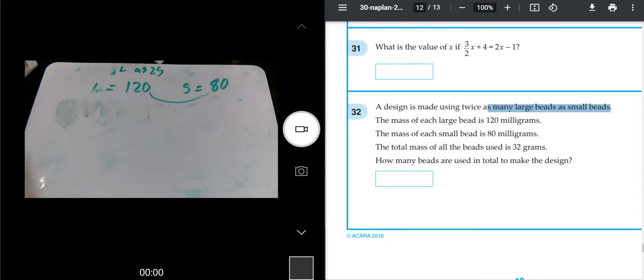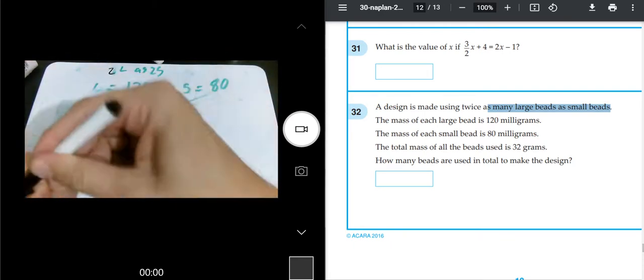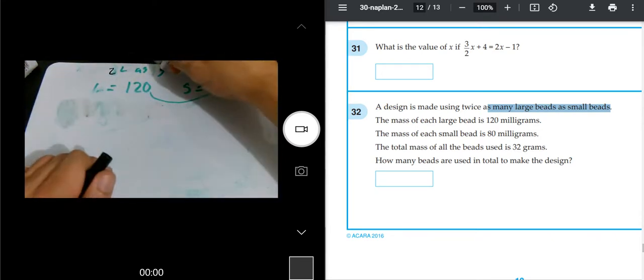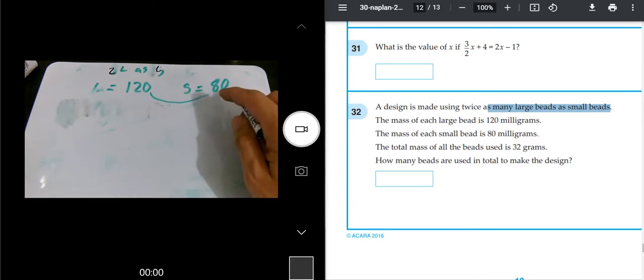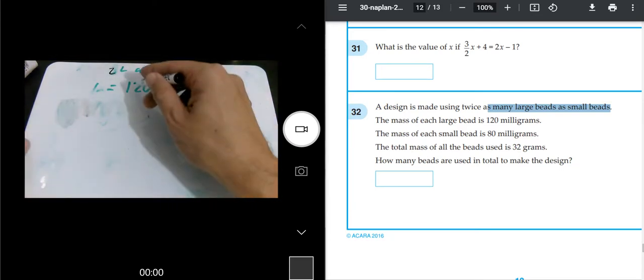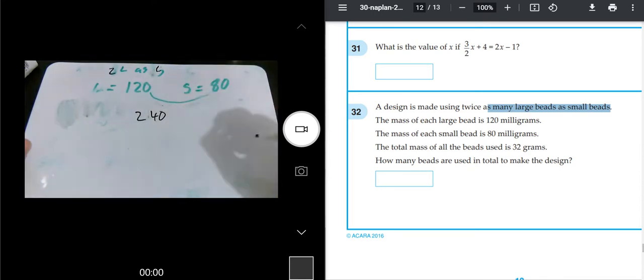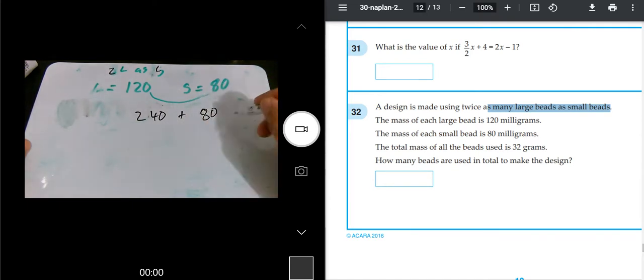We'll go back to the way that it was originally, twice as many larges as smalls. There is something else that I noticed, which is a fairly advanced way to figure out the answer. If we have the most simple example of twice as many larges compared to smalls, we've got 2 larges, so 2 times 120 makes 240, and then you've got 1 small, which makes 80. If you add those two together, you get 320.